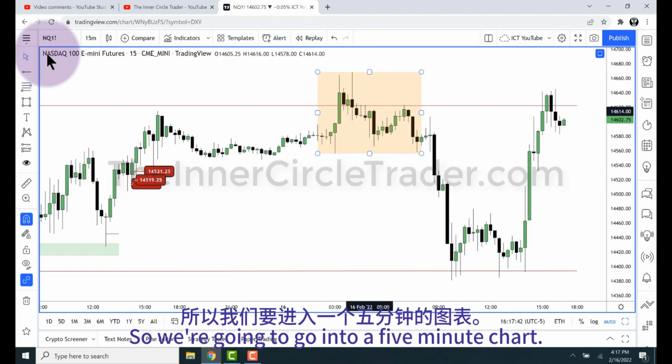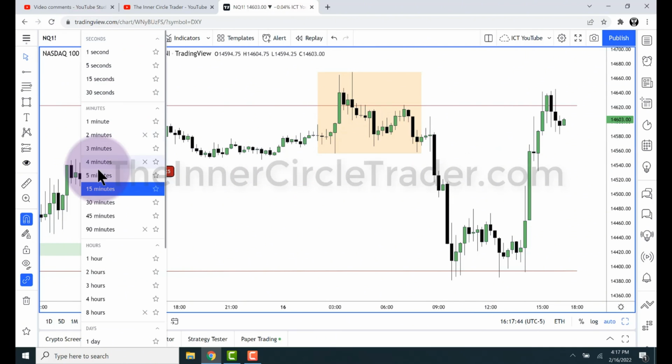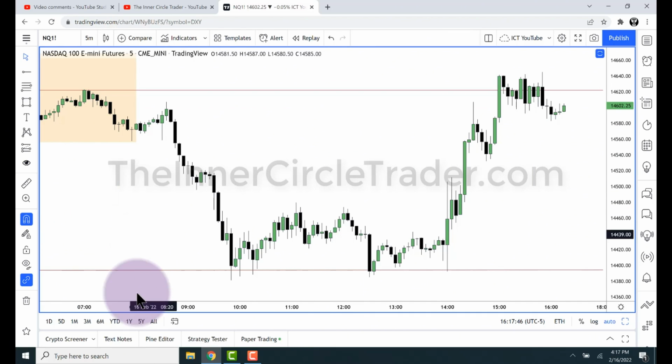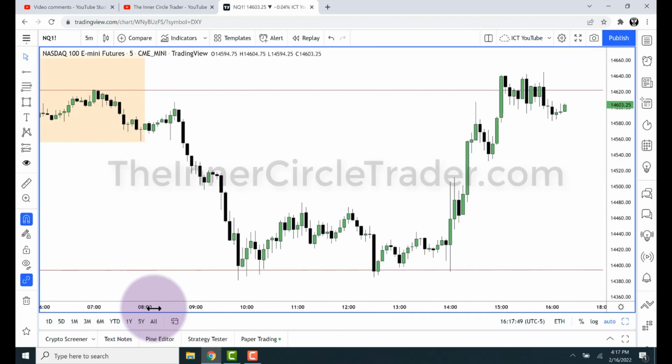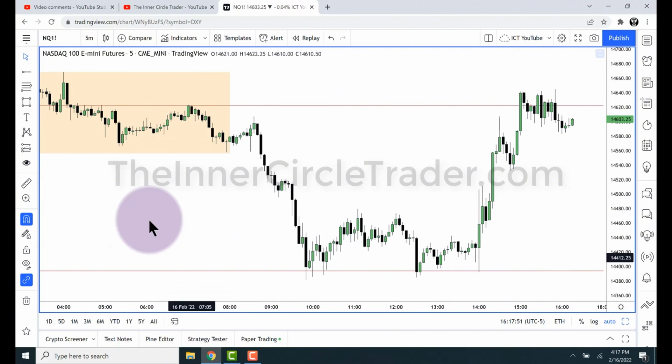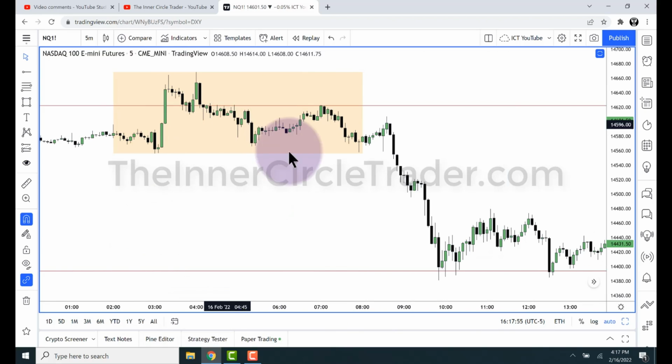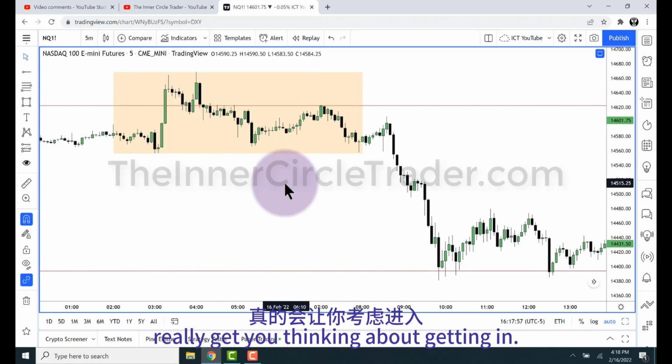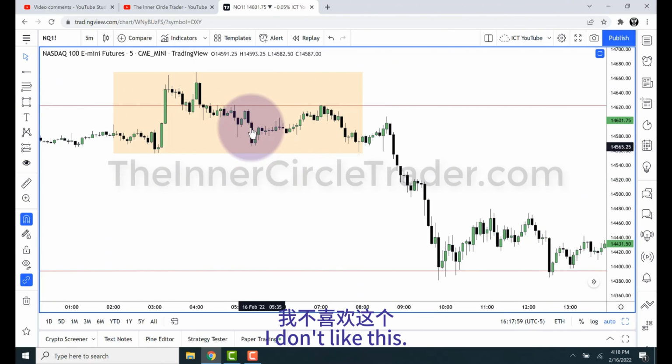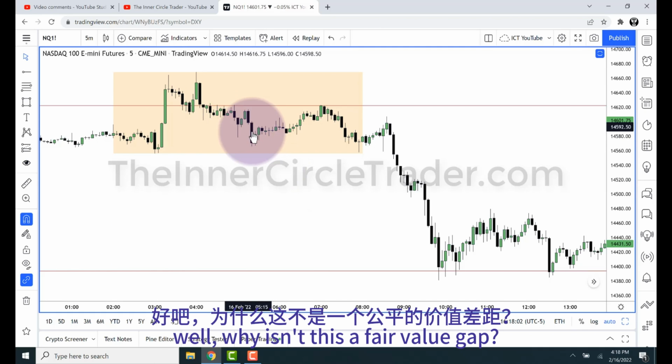All right, so we're going to go into a 5-minute chart. All right, let's go over here. Scrub this back a little bit. All right, so you can see again, no fair value gaps in here to really get you thinking about getting in. I don't like this. So some of you are like, well, why isn't this a fair value gap?